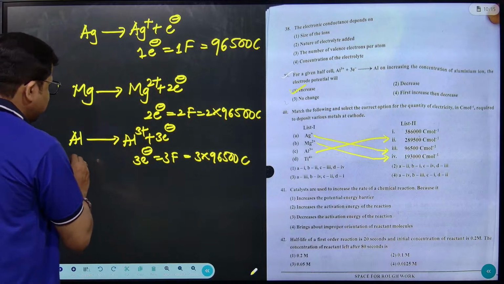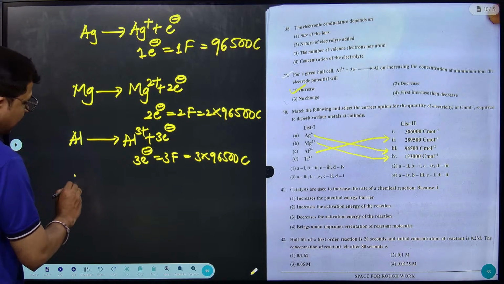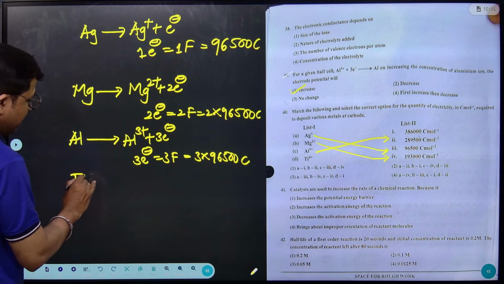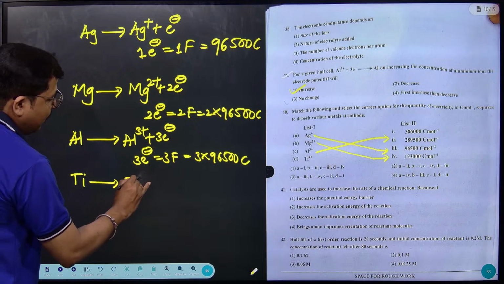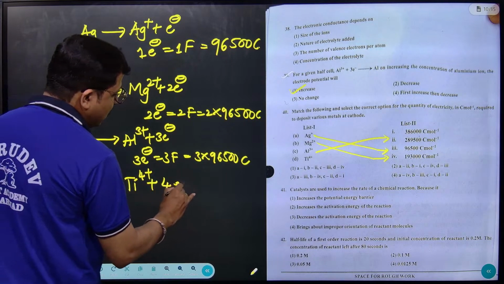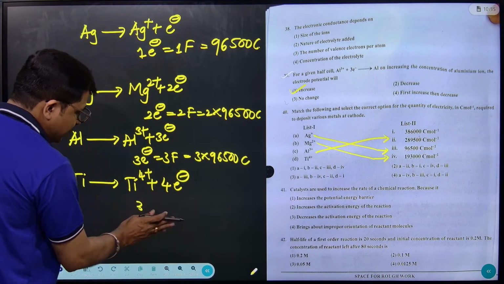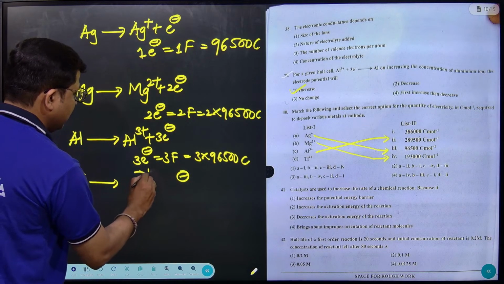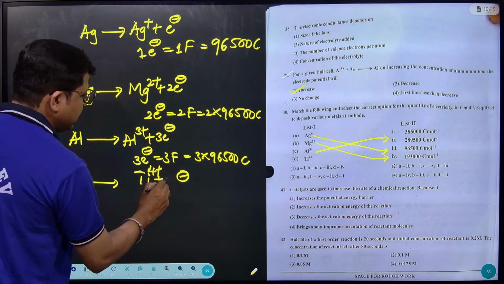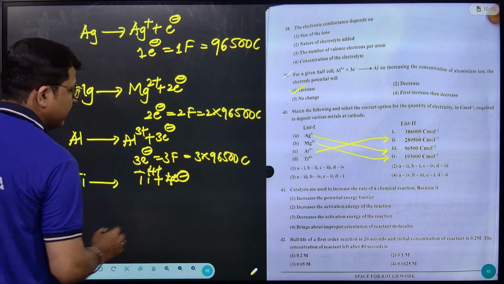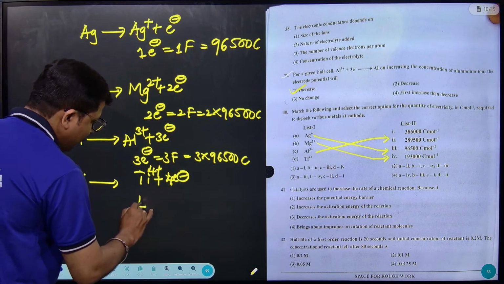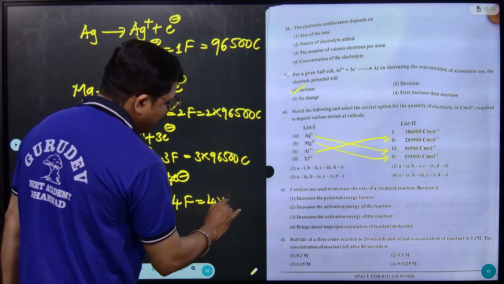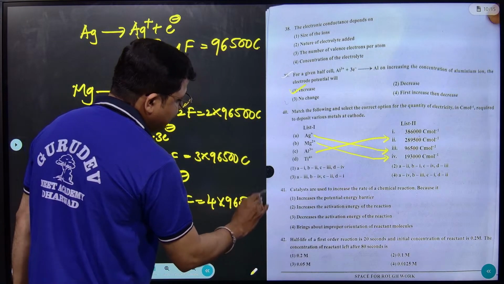And next, after that, the last option, that is Ti4+ with 4 electrons, and here 4 electrons is equal to 4 farad, that is equal to 4 into 96500 coulombs.